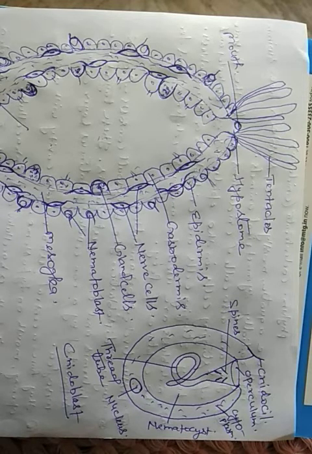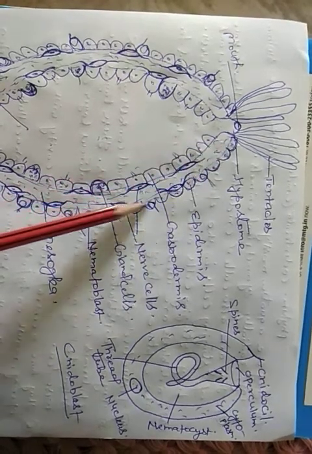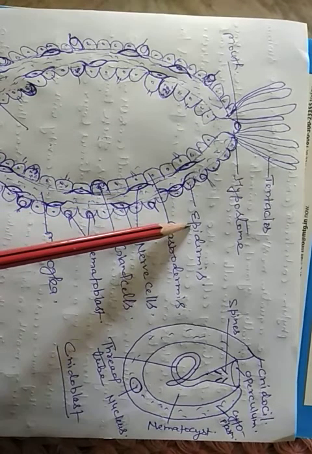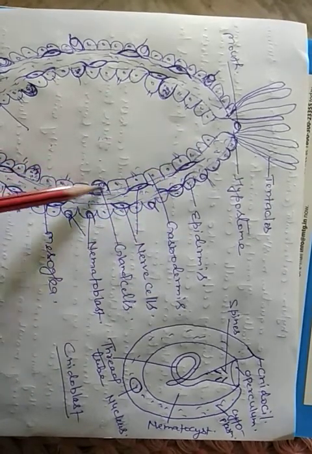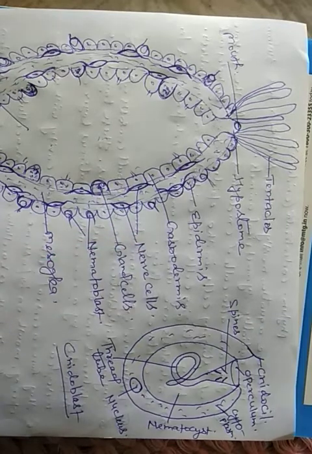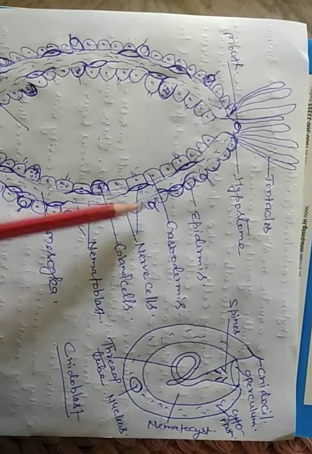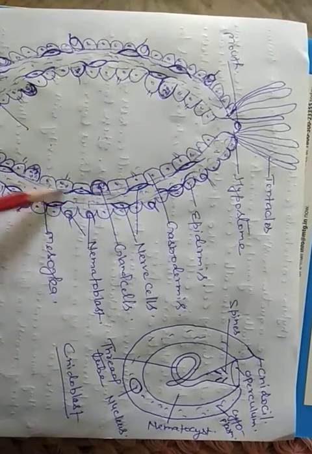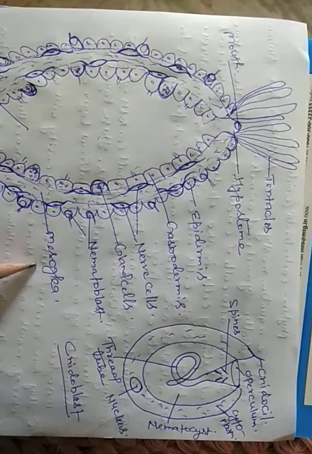These are the two germ layers found in the gastrula stage. Between these two layers there is a non-cellular jelly-like material, called the mesoglea.